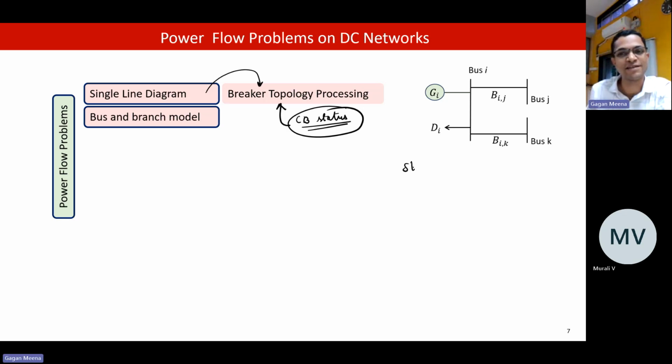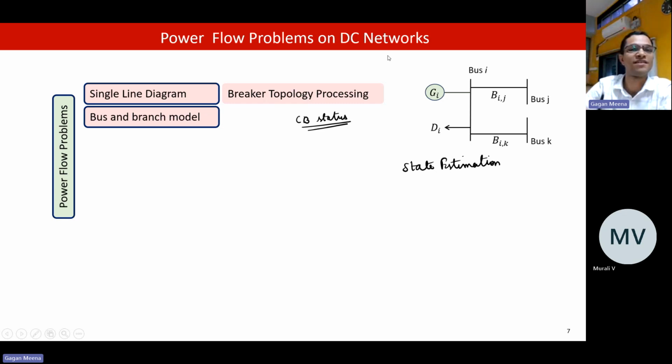When we do state estimation also, we need to know which lines are connected. If there is a fault or some maintenance is going on, some circuit breakers might be open. In that case, the topology will be different. So before creating the single line diagram, we need to know the status of the network topology, which we get from the circuit breaker status.